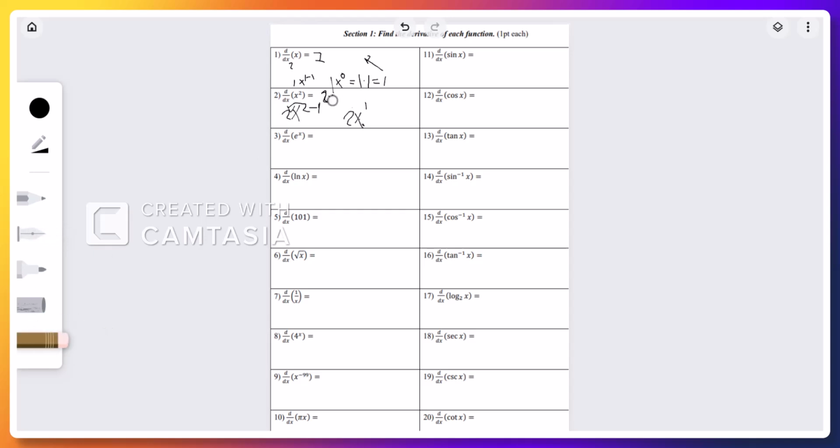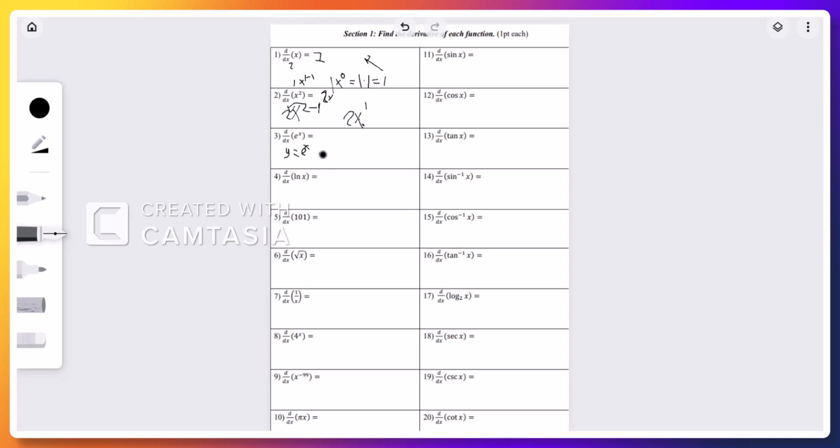Moving on, question 3. We're finding the derivative of e to the x. This one may seem tricky, but e is a constant and it's being powered by a variable. To understand this more, you could do y equals e to the x. Since we're trying to derive it, we're going to take the natural log.